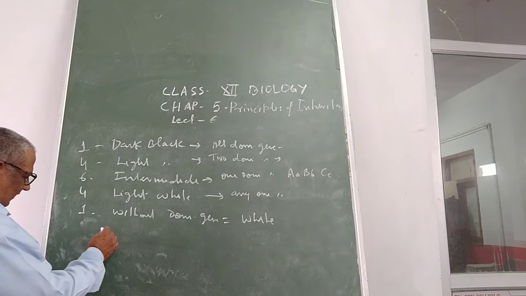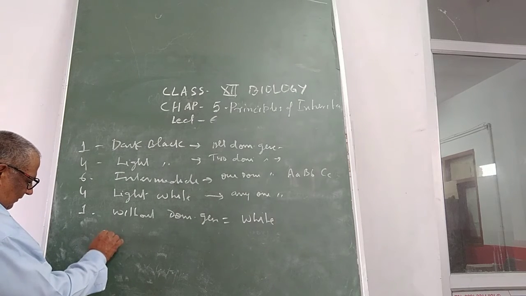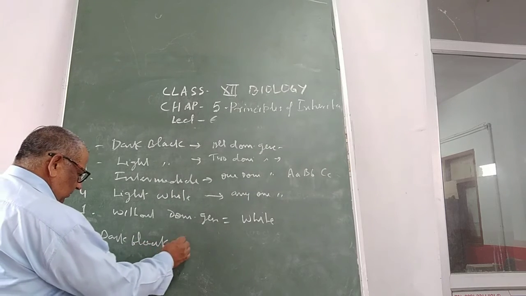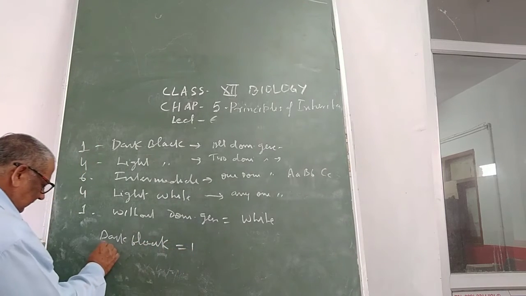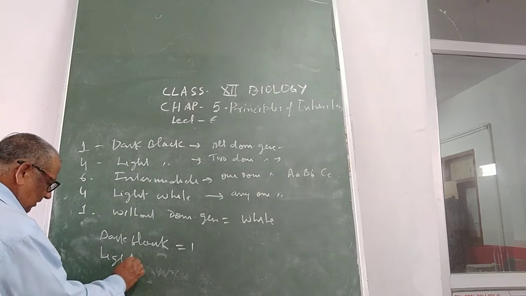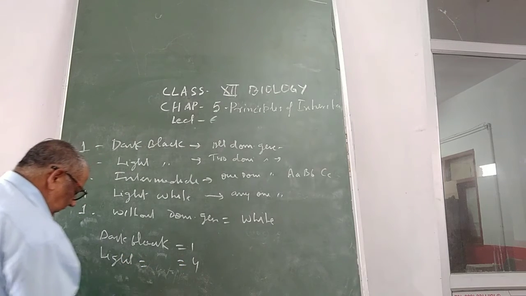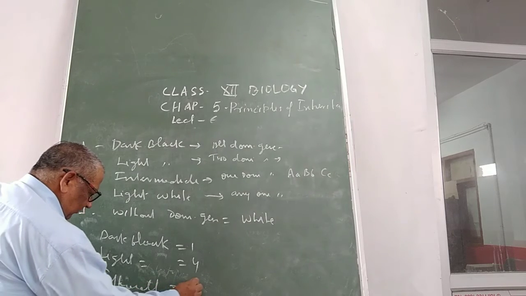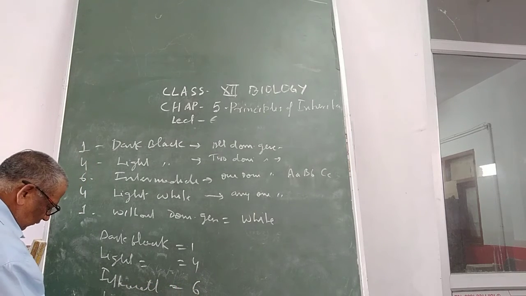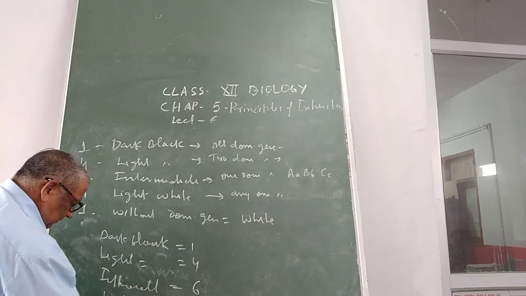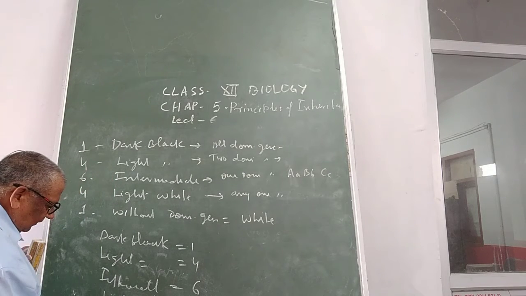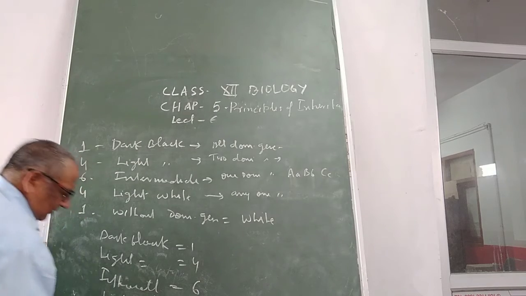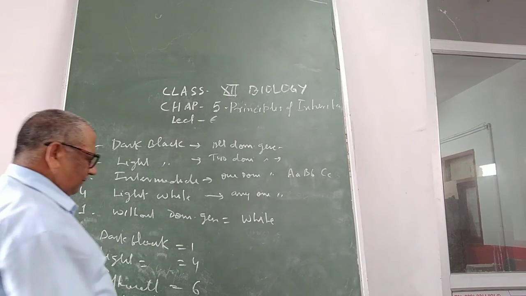Now in this way, dark black equals 1, light black equals 4, intermediate equals 6, light white equals 4, white equals 1. This ratio will be obtained.